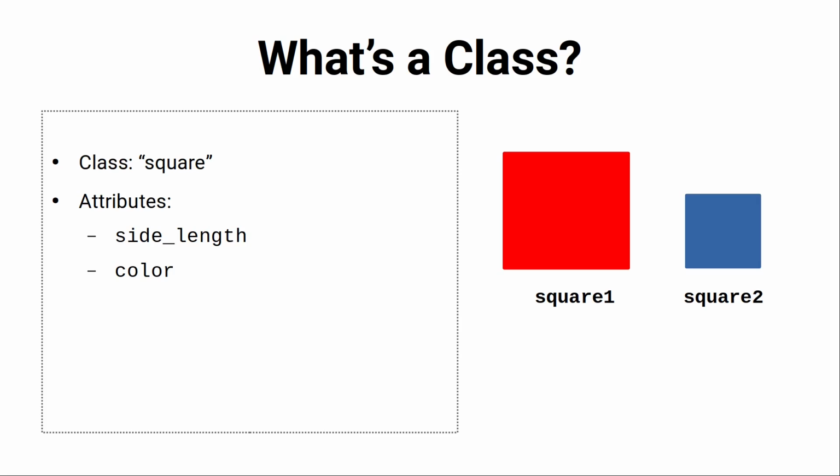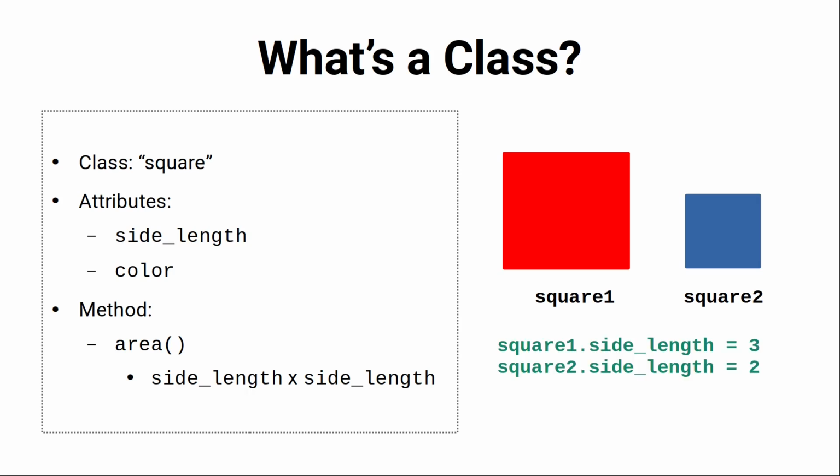So the square class can have the attribute side length and a method called area that would calculate the square's area and return it. Since that method is the same for any square, it can be defined once for the square class and get called for any square object. In Python, we access attributes and methods for objects in the same way, by having a dot after the name of the object variable, followed by the name of the attribute or the method.